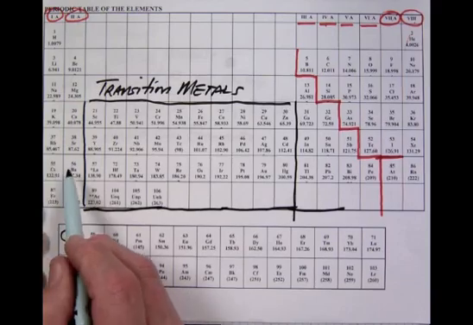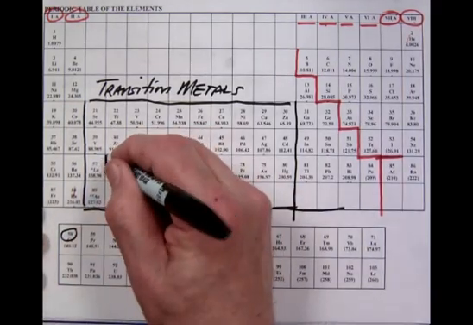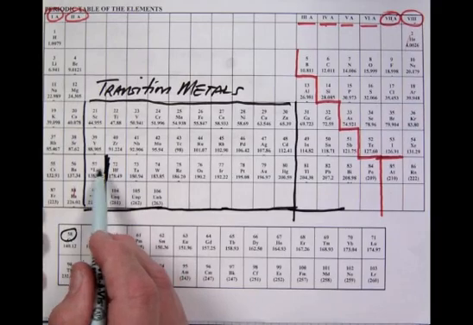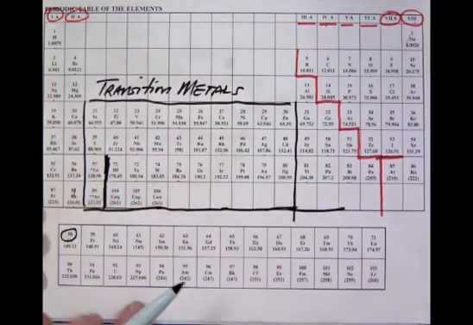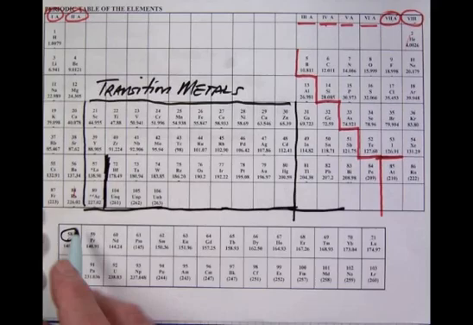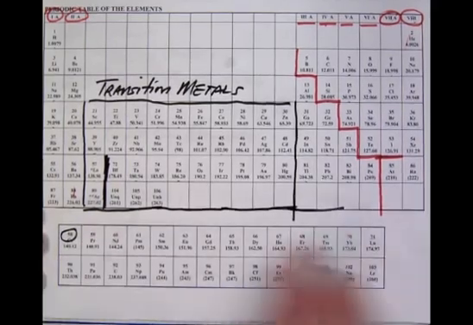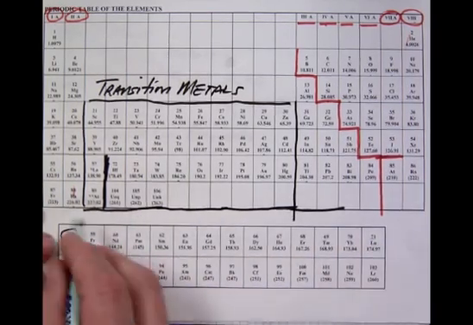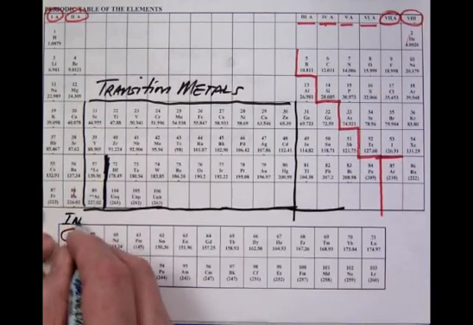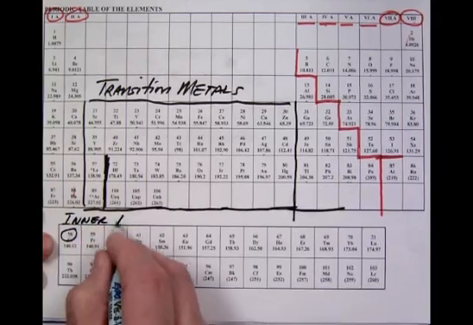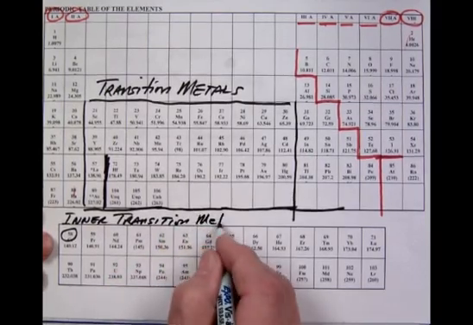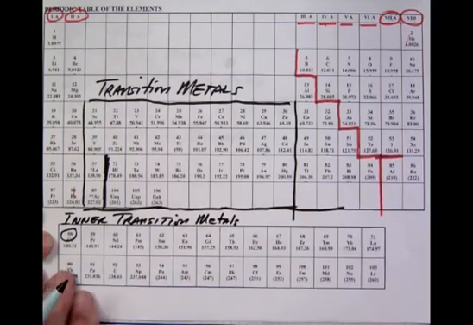And up here, 55, 56, 57, and all of a sudden we have a break right there from 57 to 72. Well, this top row slots in there, but to keep the periodic table on my overhead, I moved them down below. So you'll see these are called intertransition. And some people call them rare earths.